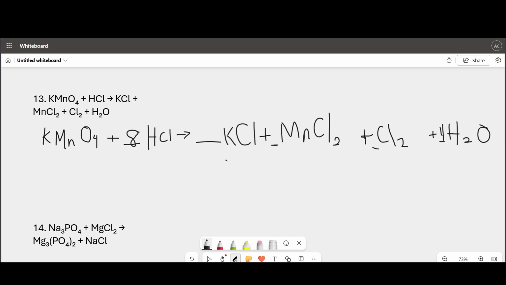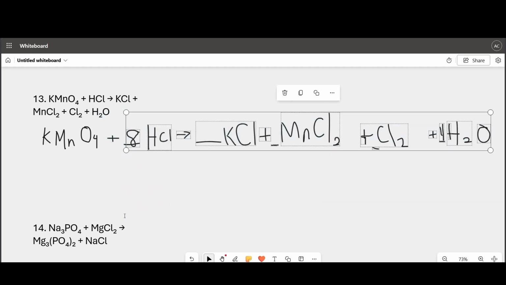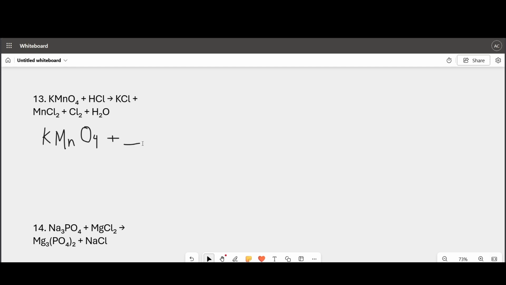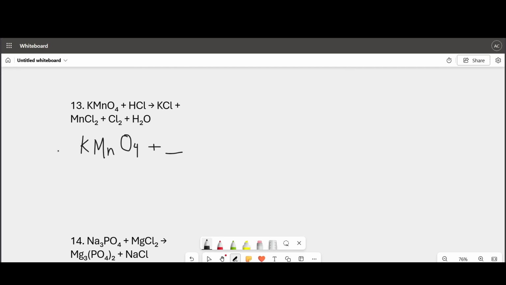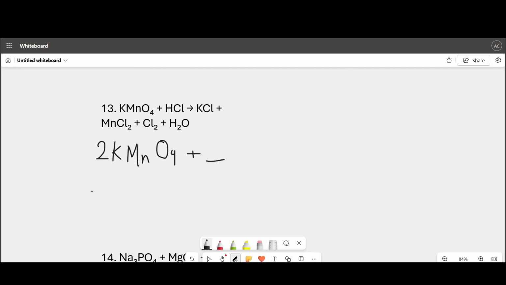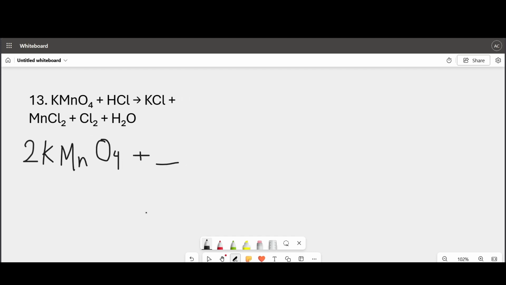Let's try to reframe the question. Let's try to do this again because I stumbled upon a very great problem. Let's try to add a coefficient of 2 here, so then we would have to balance.